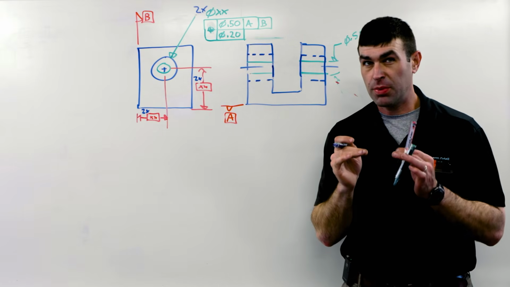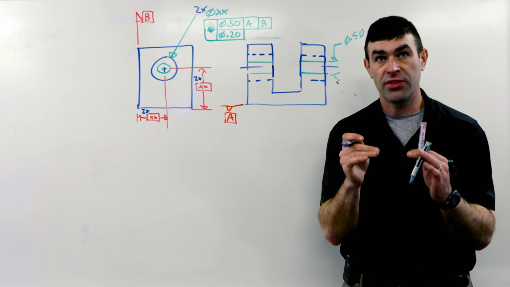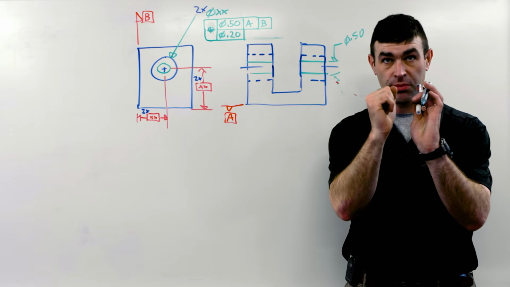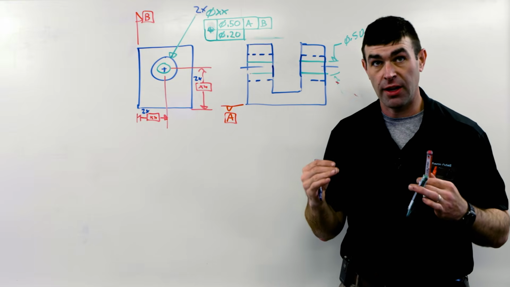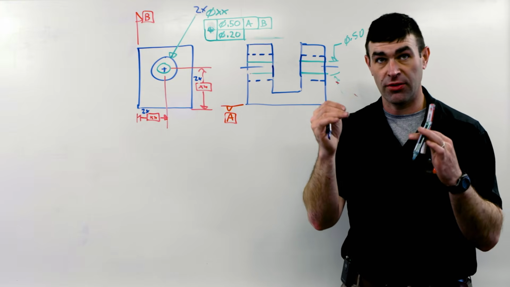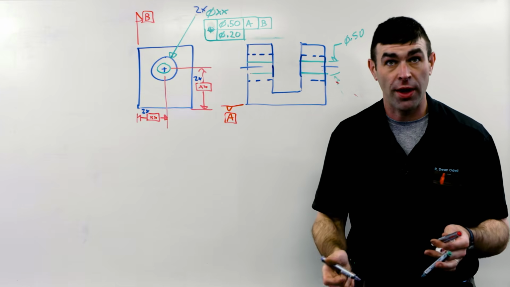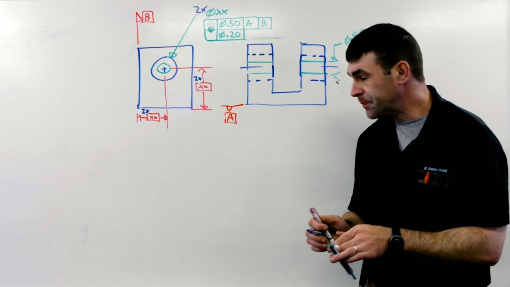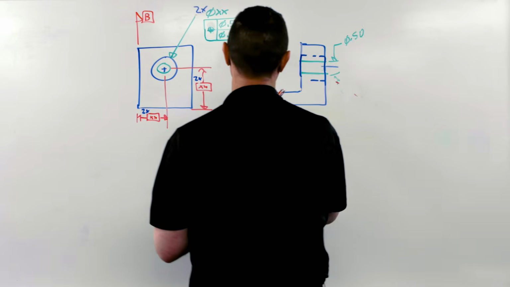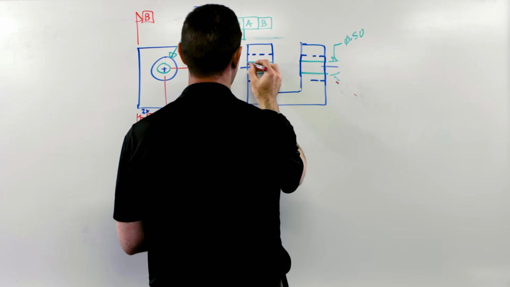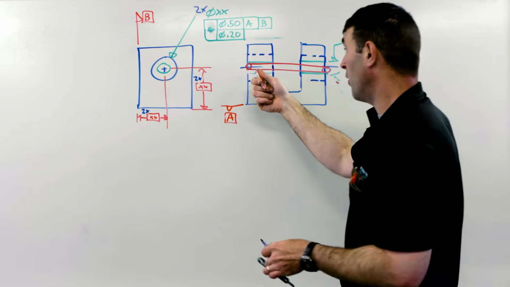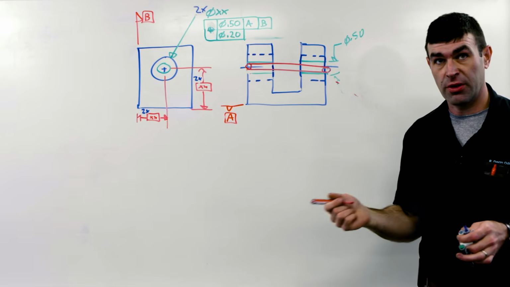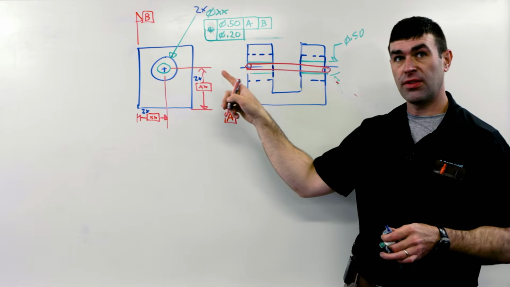But because it's position, you consider those holes as a pattern, whether it's two holes drilled into a plate, or two holes that are coaxial with each other. They are in a pattern. Those two tolerance zones essentially become one tolerance zone. So what we're saying here is that this point 2 is unrestricted, right? It can float around in those larger tolerance zones, but it's continuous, right?